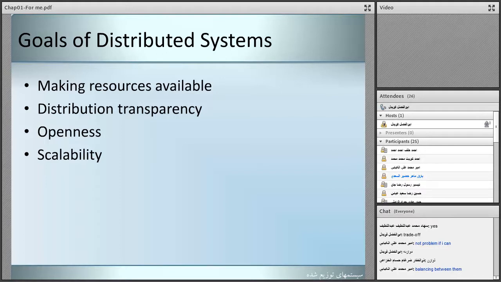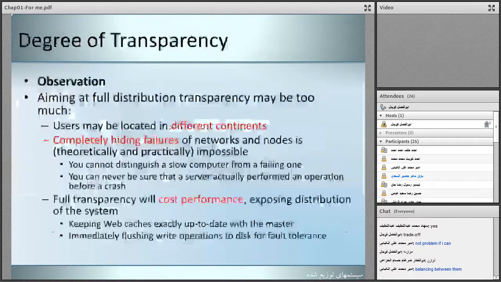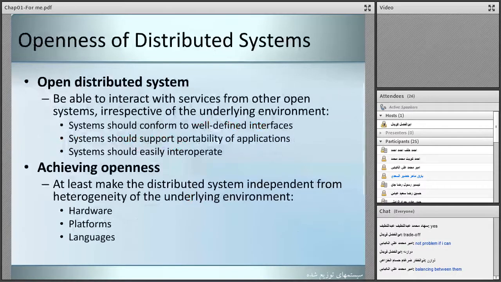And now the third goal of distributed systems is about openness. So what is it? In short, an open distributed system is a system that we can easily extend by adding more resources, more services. It is openness.